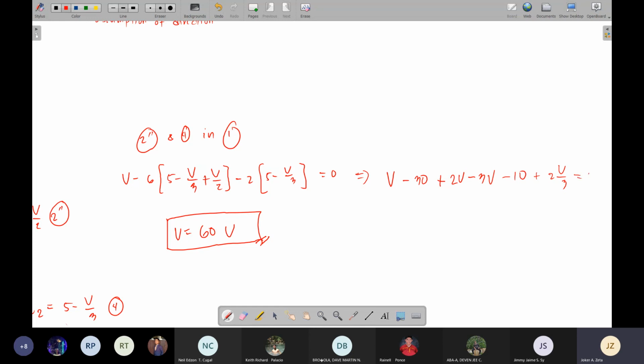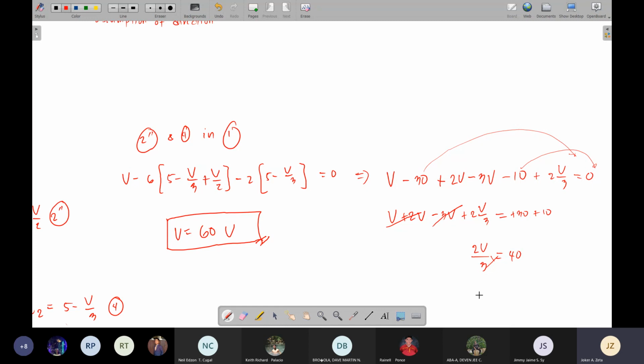Equals 0. Then I combine all the V terms: V plus 2V minus 3V, plus 2V over 3. Then I move the constants to the other side, so this becomes positive 30 and this becomes positive 10. The V and negative 3V cancel out. What remains is 2V over 3 equals 40.